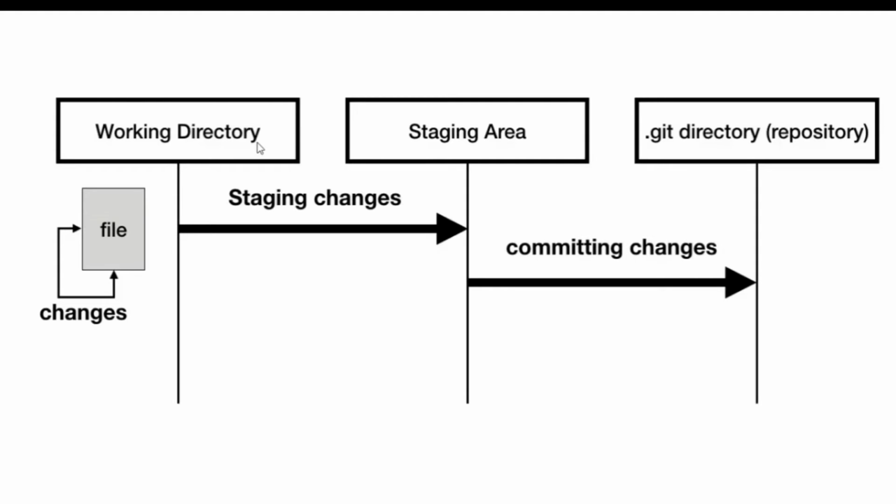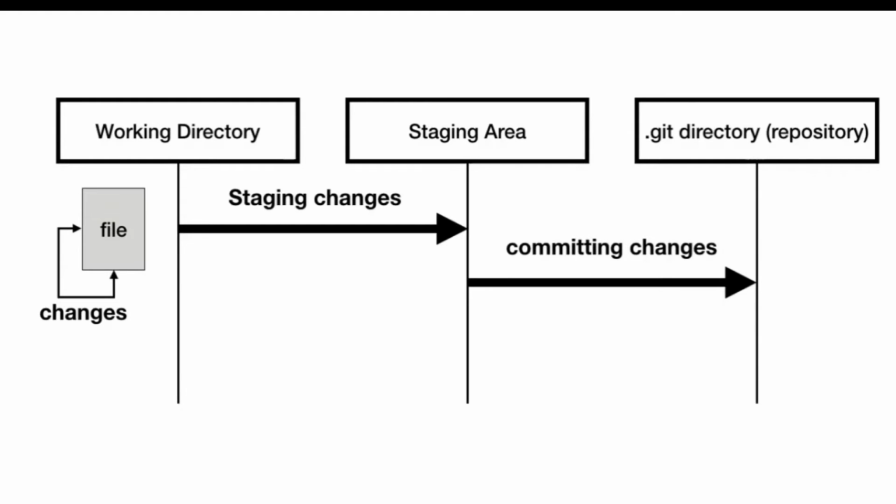You can consider it as a workbench for your project work. You can do all the modifications and changes that you want in your project in this directory, and this directory contains all the files that are currently tracked by Git, as well as those files that are yet to be added in the list of tracked files.